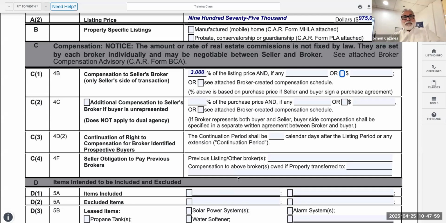Now, if you are going to ask for additional compensation, then again, going back to the amount or rate of real estate commissions, it's not fixed by law, right? So you can charge what you feel is worth your time to represent someone that is not being represented, meaning you're going to have the dialogue. So what this means is I'm just going to push paper to the buyer.